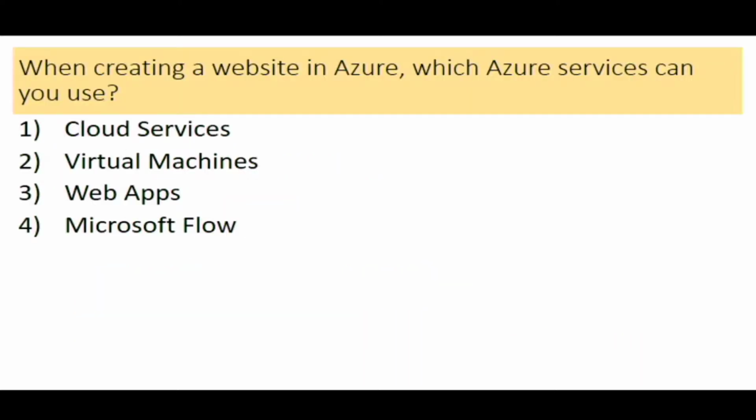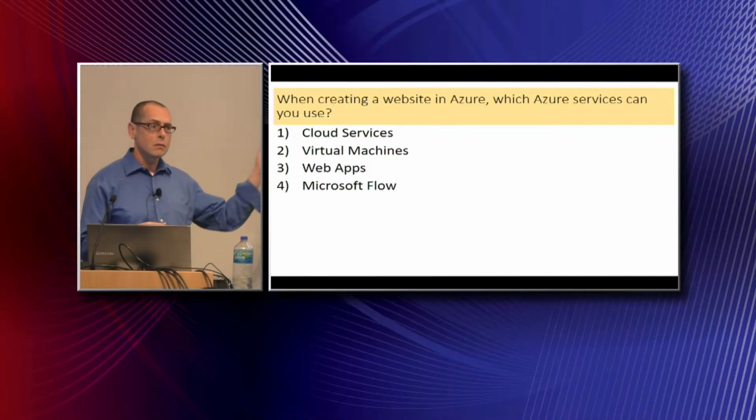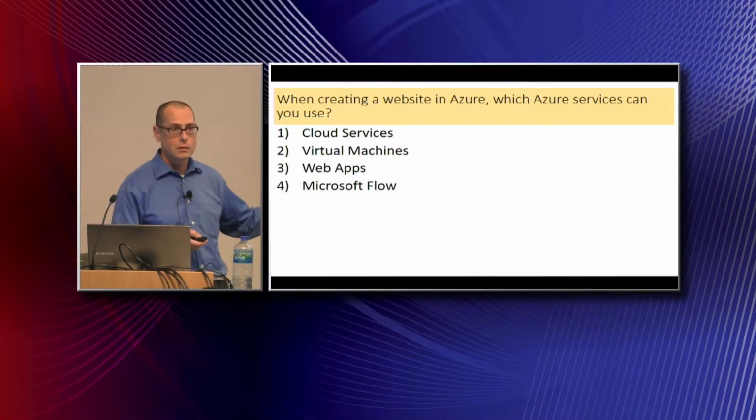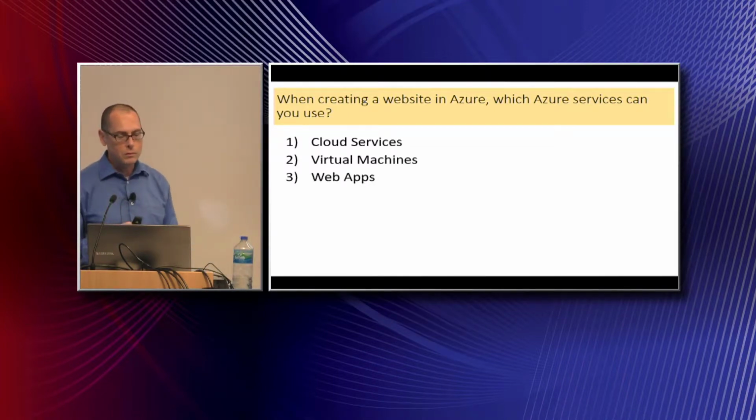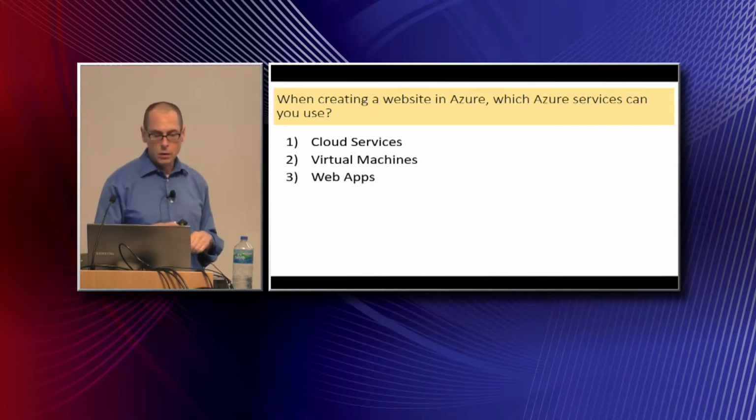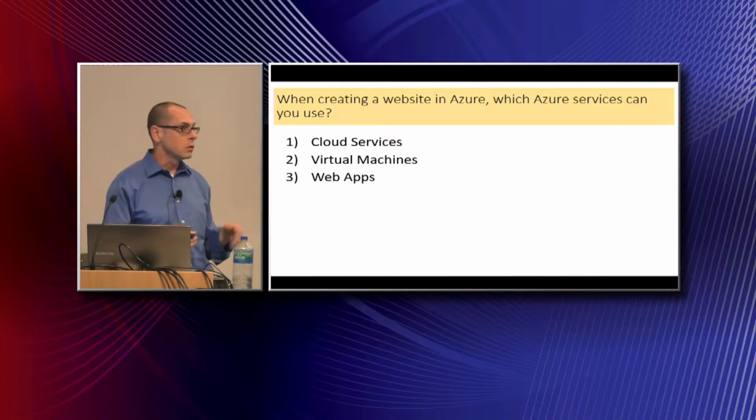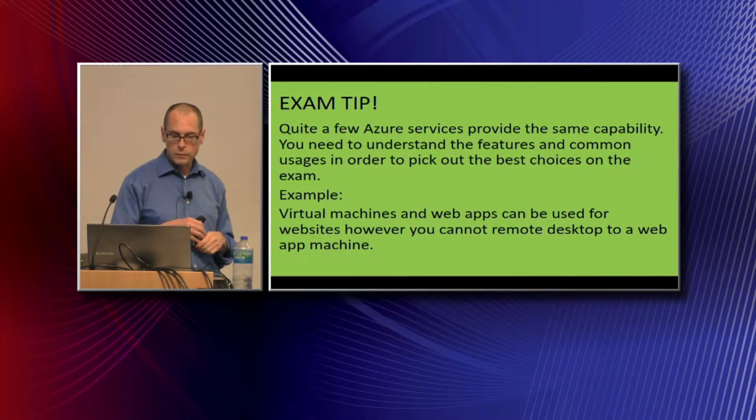So with that being said, when creating a website in Azure, which services can you use? Or really, which one can't you use? Yeah, so Flow is not a website hosting environment. So those three you can actually use to do a website.